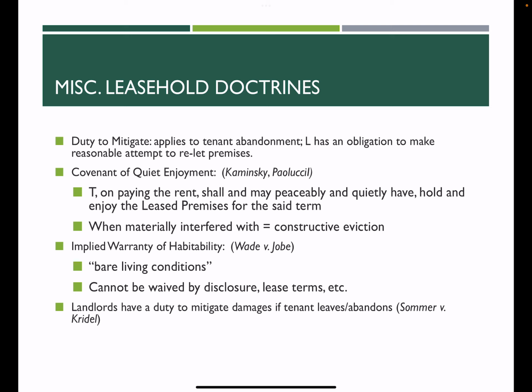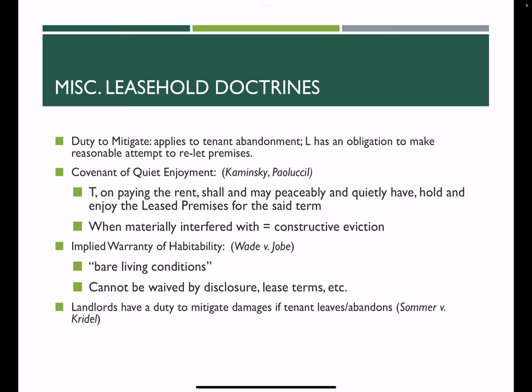So the constructive eviction occurs when a tenant leaves a leased premise due to wrongful conduct by the landlord that materially interferes with the tenant's beneficial use and enjoyment. So think of this in a sense as being, you're effectively kicked out. The doctrine, it's important to note, captures both omissions as well as actions.